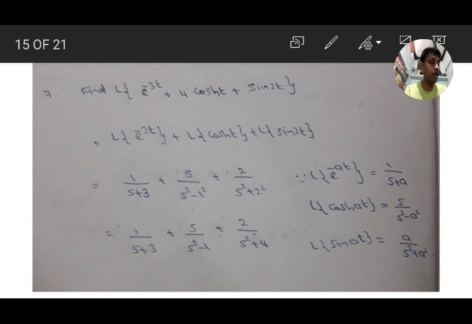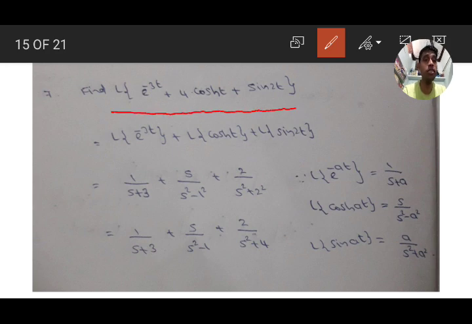Next problem, find Laplace transform of e to the power of minus 3t plus 4 into cos h of 4t plus sin 2t. So here also by using the linearity property, okay, here a mistake, we get here 4, mistakenly not written, 4 into L of cos h of 4t plus L of sin 2t.